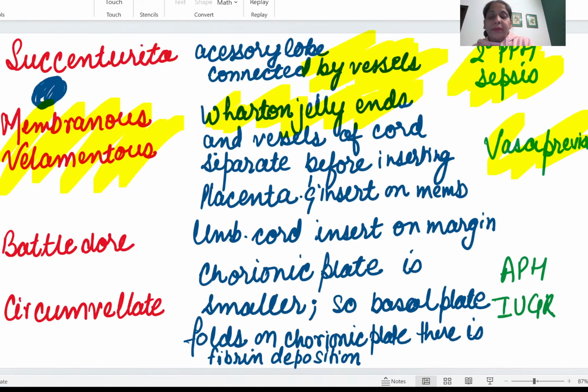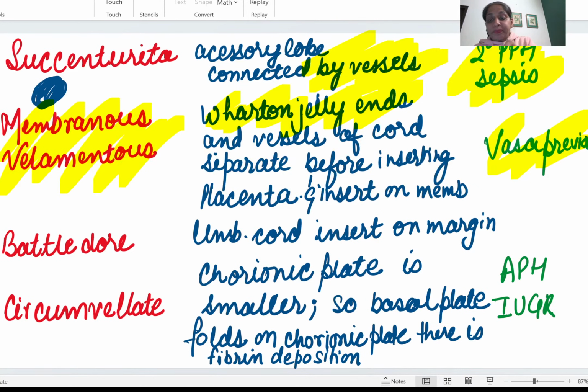What is circumvallate placenta? As we studied yesterday in the placenta anatomy, the side which is toward the fetus is known as the chorionic plate or fetal plate, and the side which is toward the uterus is known as the decidual plate or basal plate.